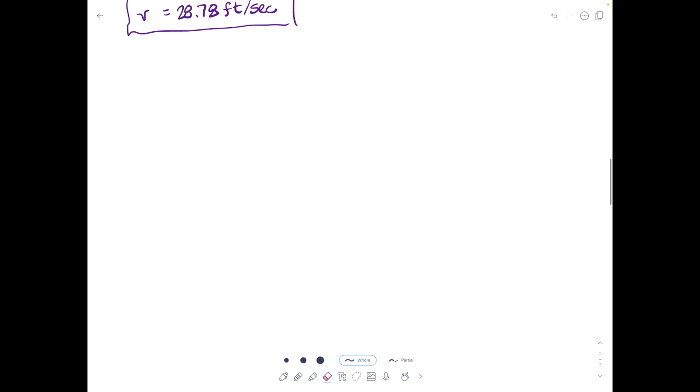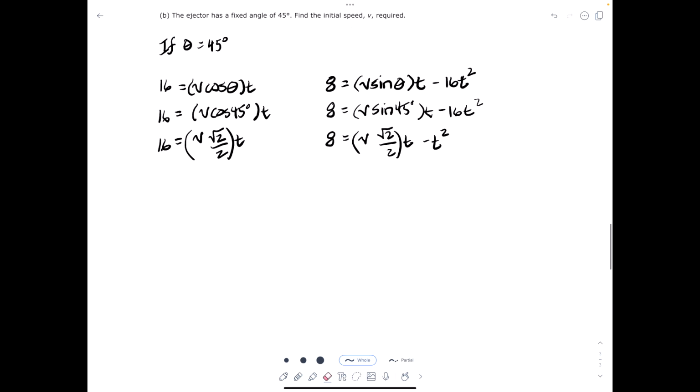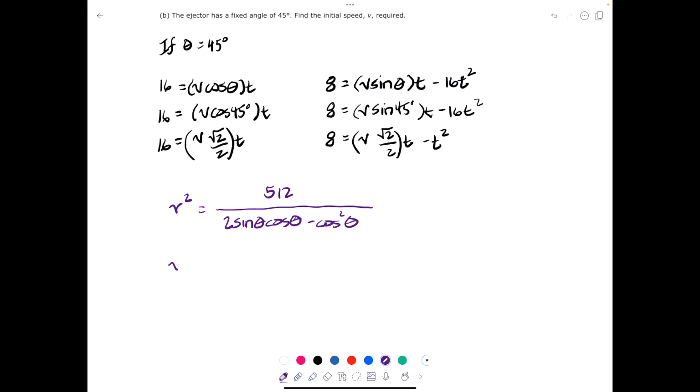So go back down here. V squared is 512 over 2 sine theta cosine theta minus cosine squared theta. So v squared would be 512 over 2. We already figured all that out because we're at 45 degrees, right? Theta is 45 degrees.